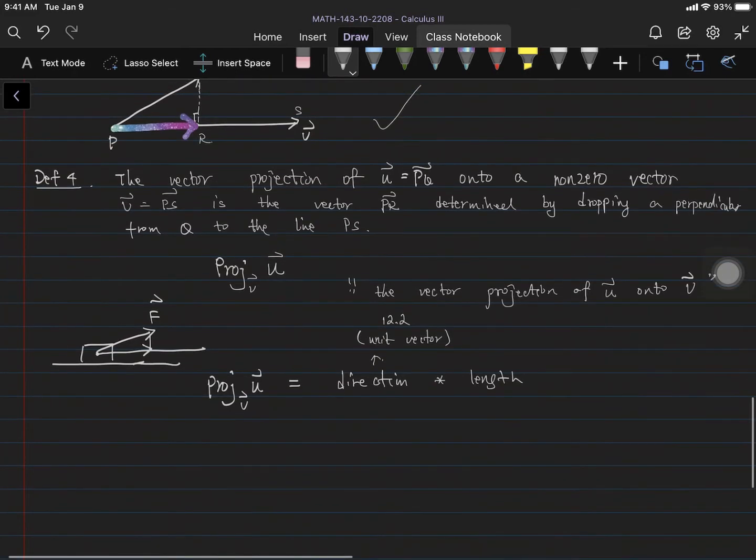Now let's take a look. How do you find the direction of this vector? I'm going to write another way, length times direction, a better way. Length is like a scalar times direction.